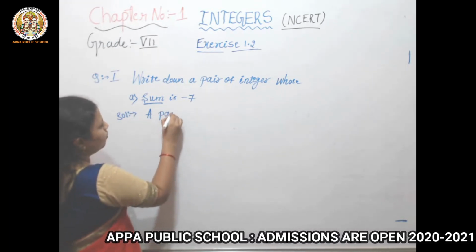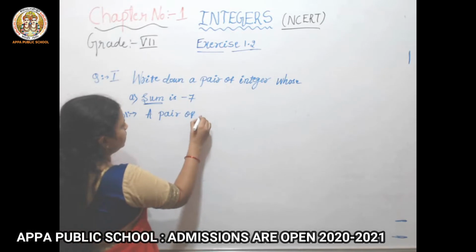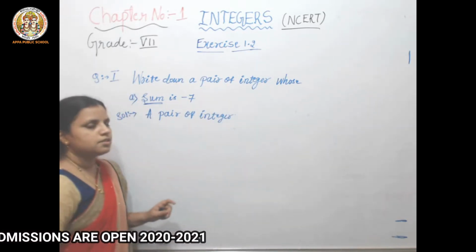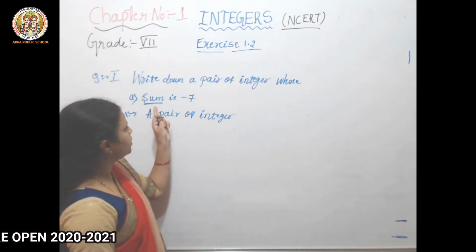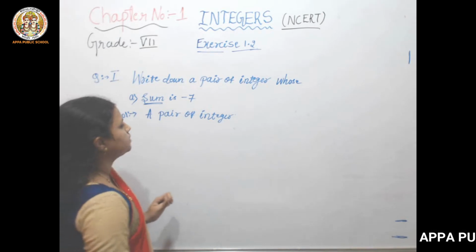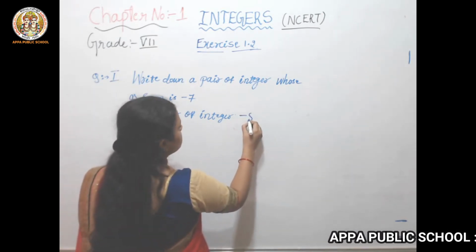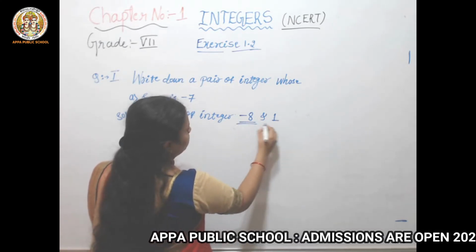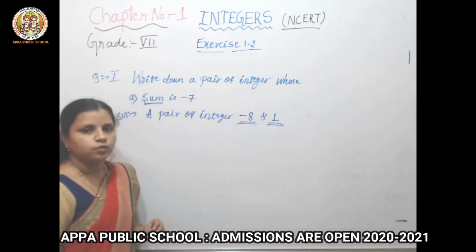Now, a pair of integers as the solution. You should consider integers such that the sum is minus 7. So I will consider minus 8 and 1.